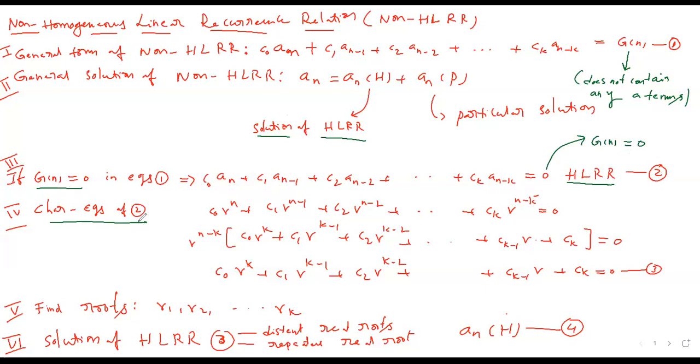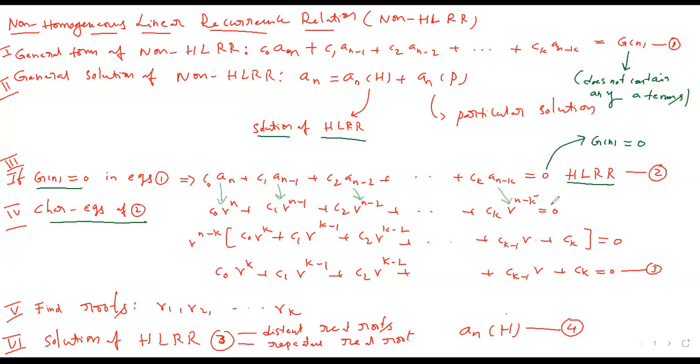After that, you already know the characteristic equation. At the place of an you substitute r power n, at the place of an minus 1 you substitute r power n minus 1, at the place of an minus 2 you substitute r power n minus 2, and at an minus k you substitute r power n minus k.